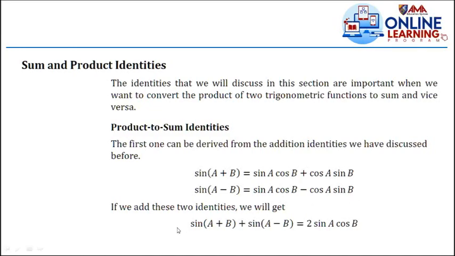Okay? So if we have these two identities, we add sine A plus B plus sine A minus B, which is equal to 2 sine A cosine B, because these two terms cancel. What remains is 2 sine A cosine B, if we add these two.